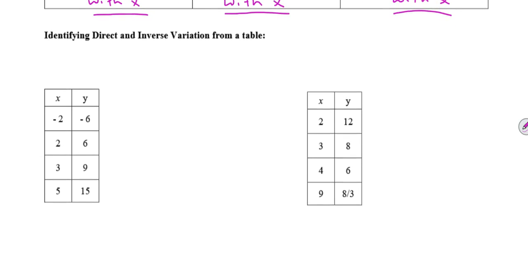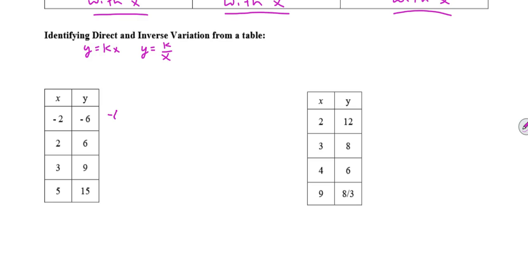All right. So when we're looking at identifying direct and inverse variation from a table, if you're given a table of values and they want to know, is this inverse or direct variation? Well, remember, direct is y equals kx, inverse is y equals k over x. So the constant of variation should be the same for each one.